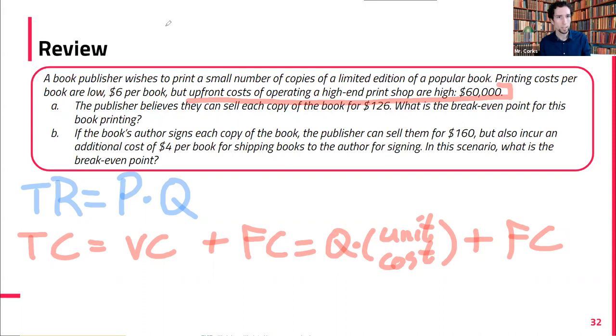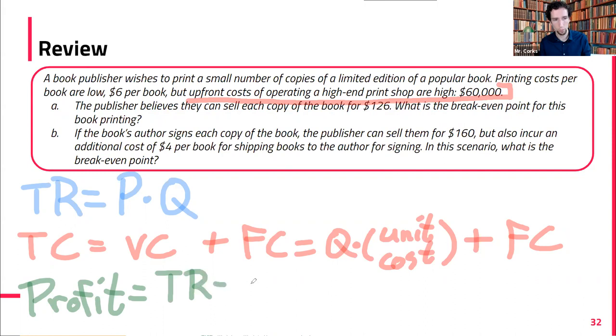All right, and then profit is what? TR minus TC. Right, total revenue minus total cost. Okay, and then that's just how we determine our profit. How do we figure out what the break-even point is, and how do we find it?